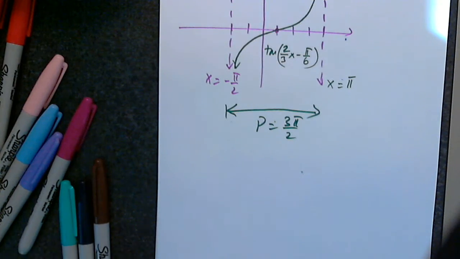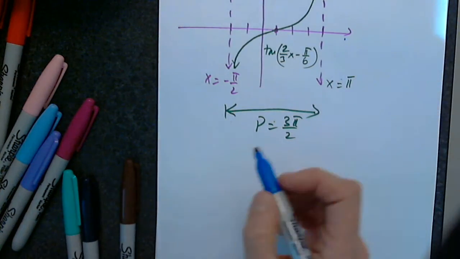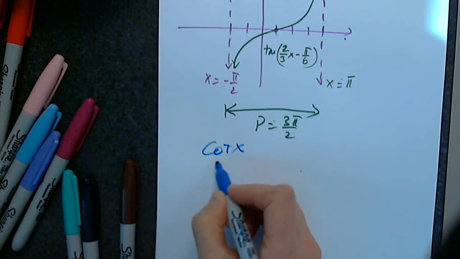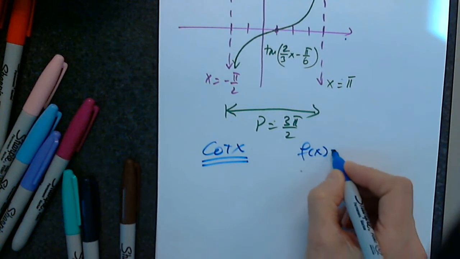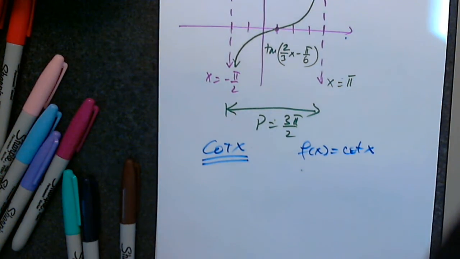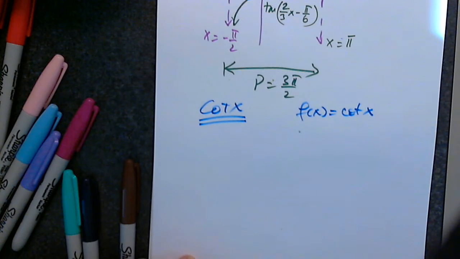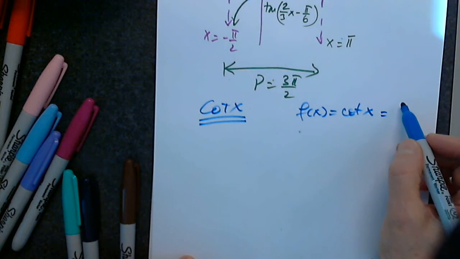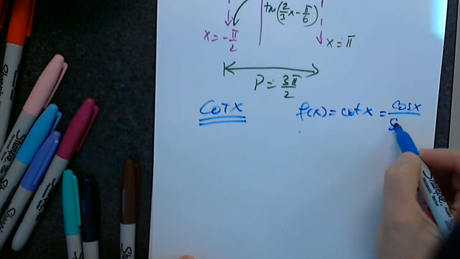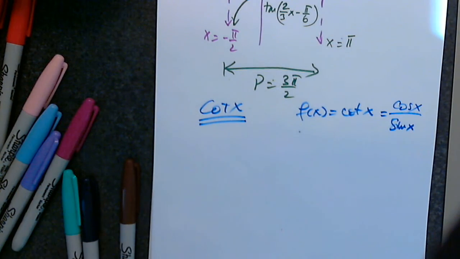Let's look at cotangent. So f of x equals cotangent x. And we know cotangent is a function that is cosine x divided by sine x. Like tangent, it has different situations.